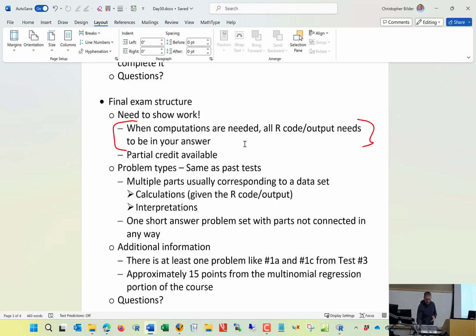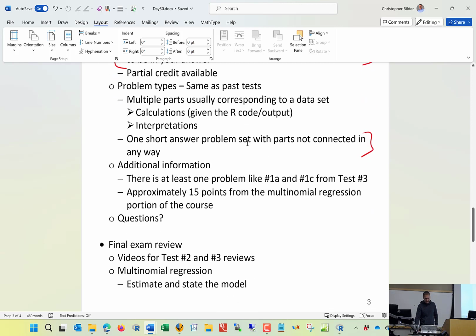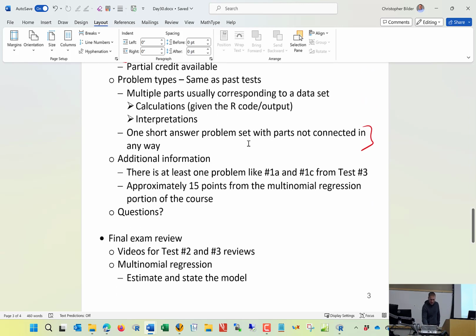There is one short answer problem with parts that are not necessarily connected, similar to what you've seen on other tests. Also, to help you out, there is at least one problem like number 1A and number 1C from test number 3.